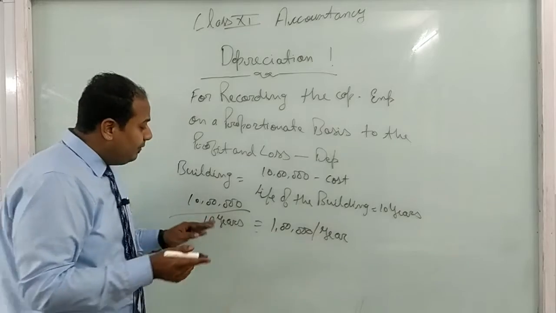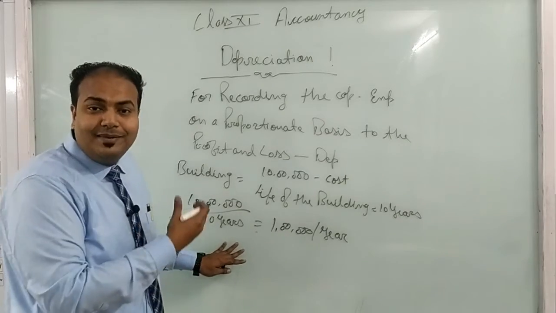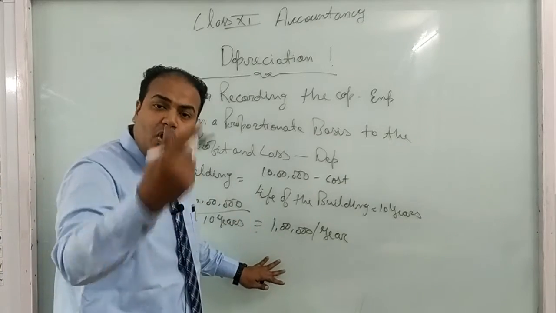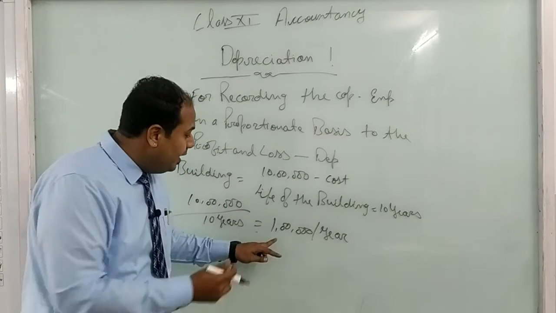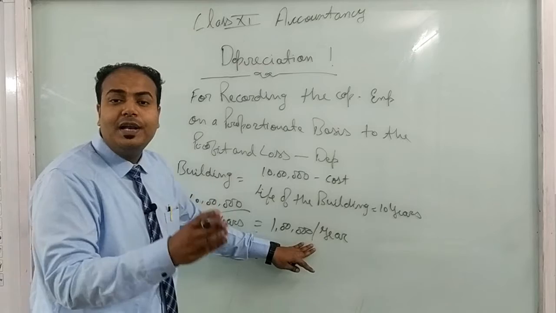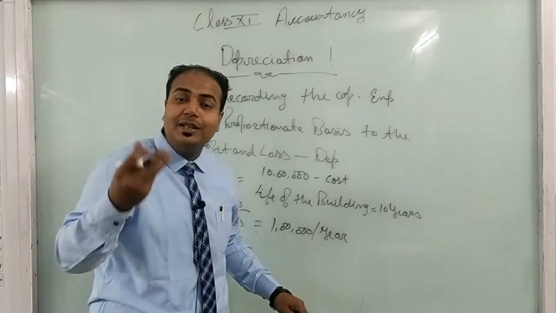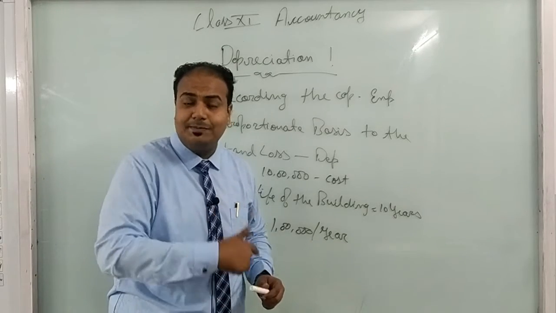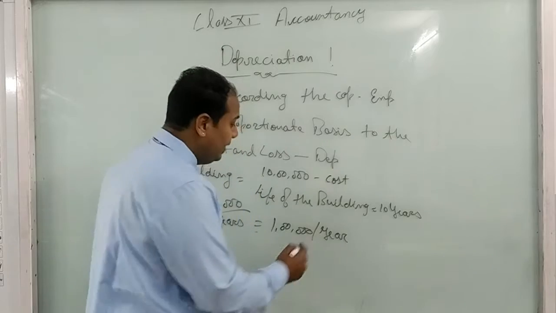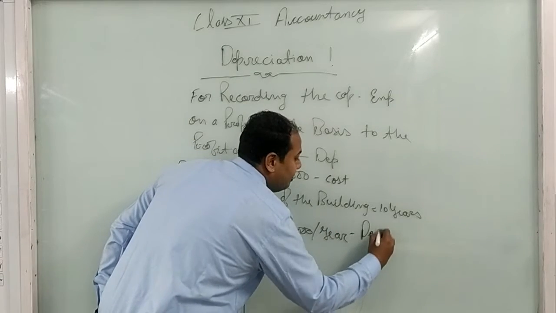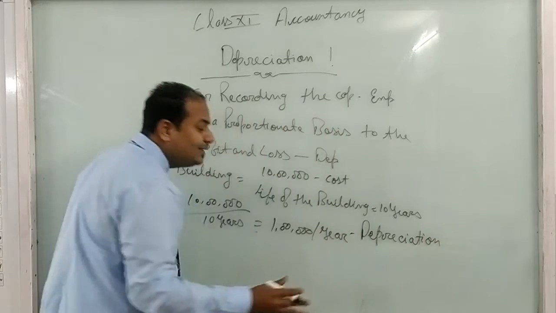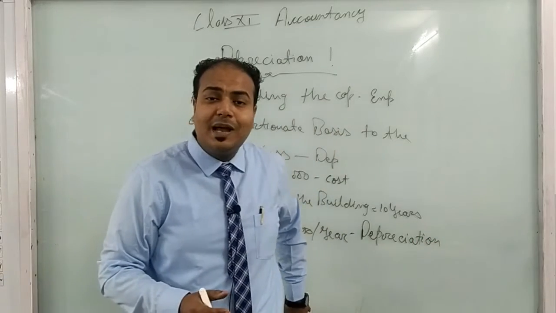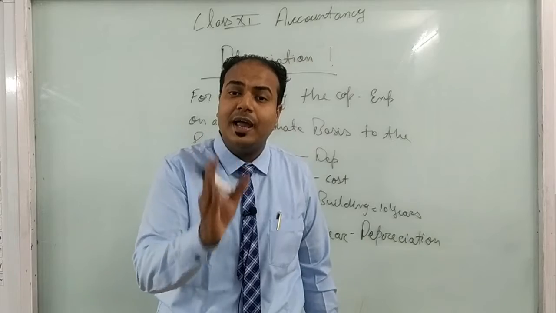Which means that for recording this building purchase in the profit and loss, you will record it on a proportionate basis, and the amount will be of 1 lakh rupees per year. But what will be the name for recording this expenditure? The name is your depreciation. So class, here is the thing जहाँ से आपके पास में depreciation word आया है.